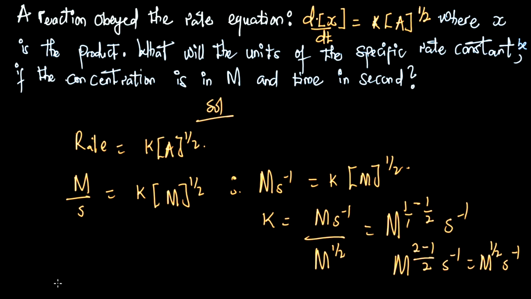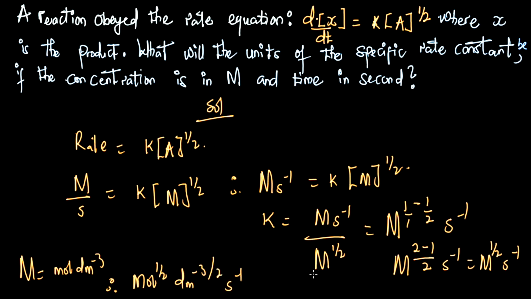You can even go further to express the above answer, since molar is the same thing as mole per dm cube. So we can say that we have this to be mole^1/2 dm^-3/2 s^-1. So it's still the same thing as this. So that is the answer.